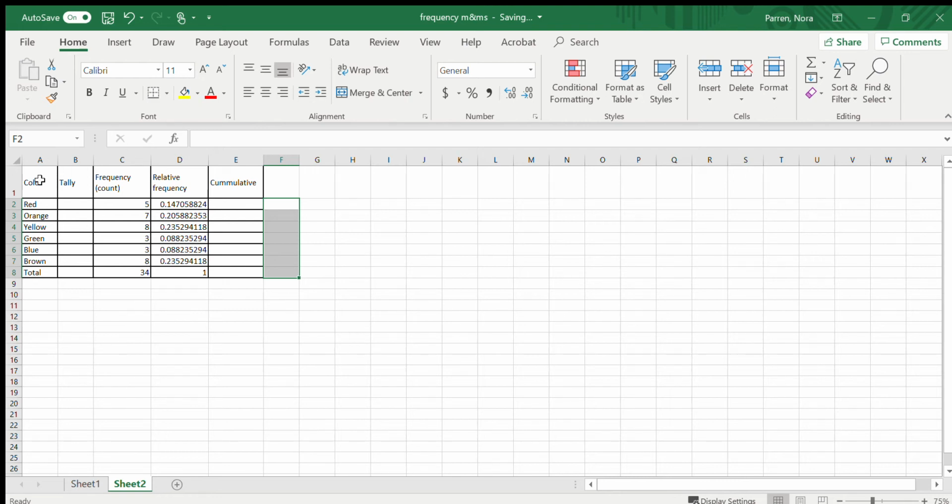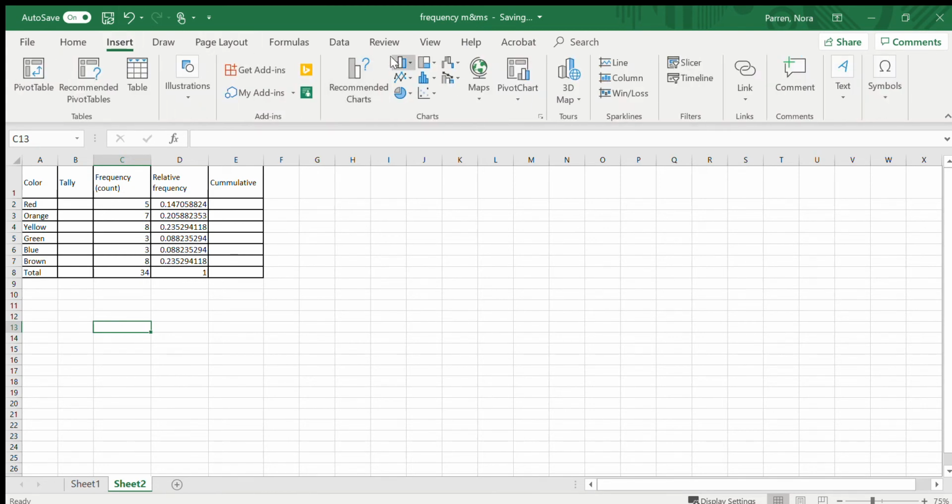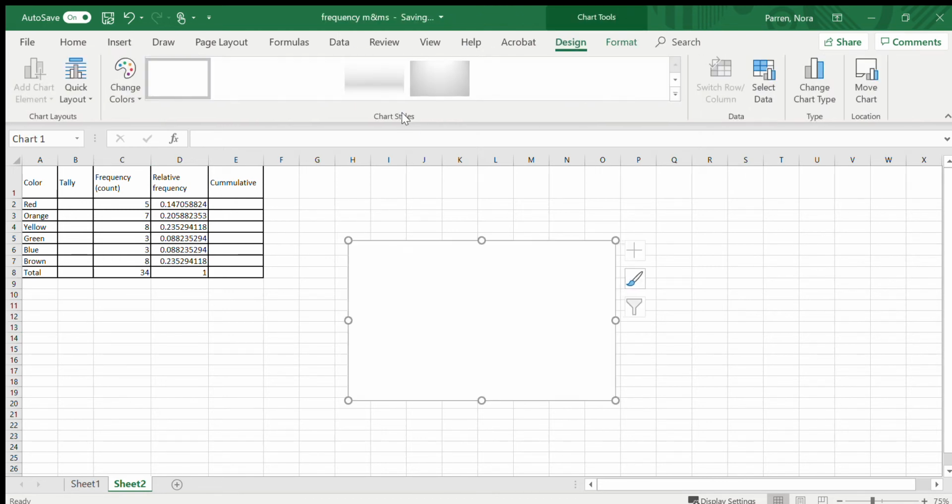So what I'm going to do is I want to select my data, go right here like this. Oops, I'm going to say insert. I'm going to insert a column or a bar chart. Okay.